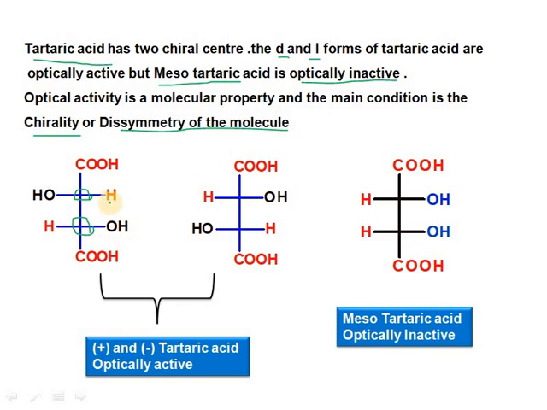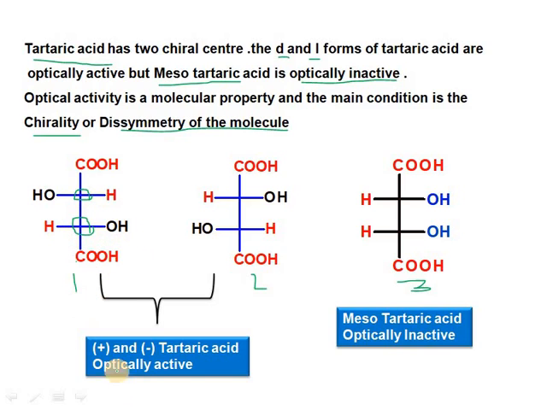Here there are two chiral centers, so four isomers are possible. But out of these four, two are identical. So this is one, this is two, and this is three. The third isomer and its mirror image are identical, and therefore it is considered as only one isomer. The other isomers show two chiral centers.